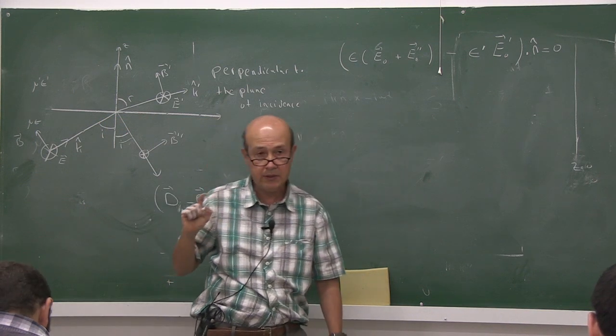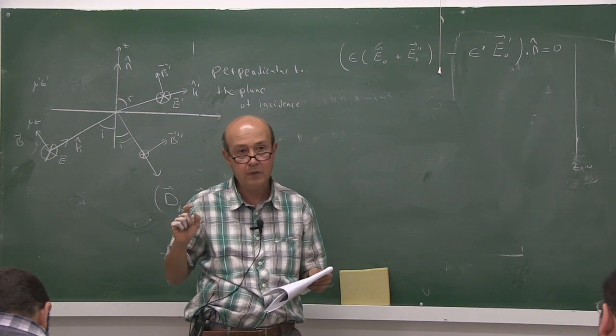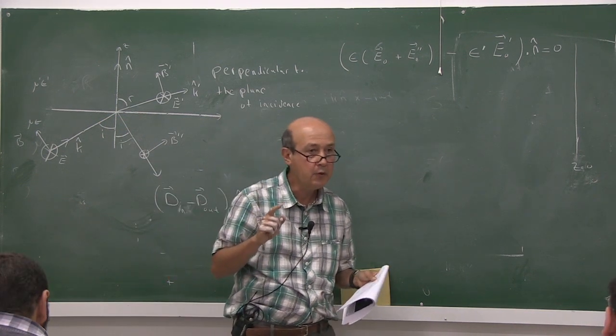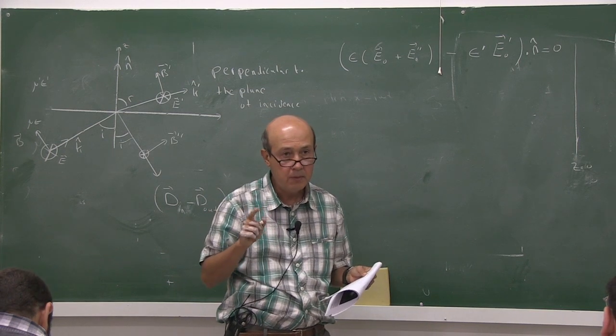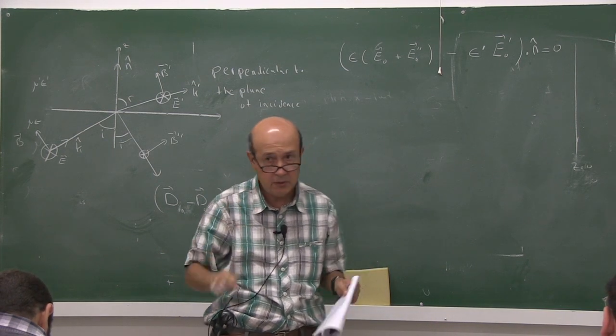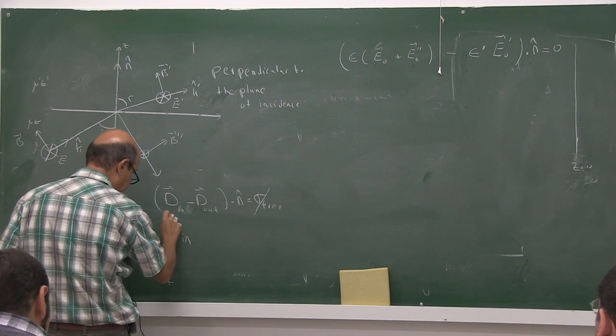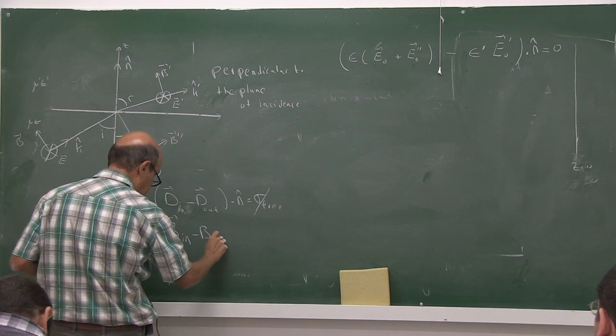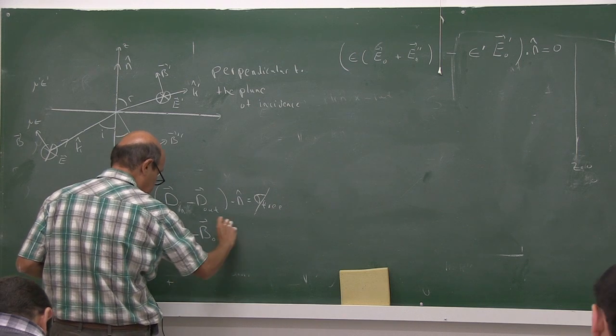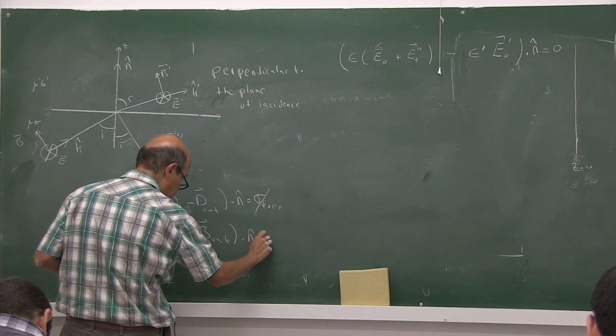What is the other equation for the perpendicular components? What perpendicular component should be continuous? B dot n. So you know that the B in, B out at the surface should be continuous.